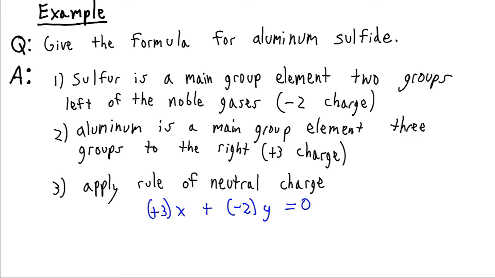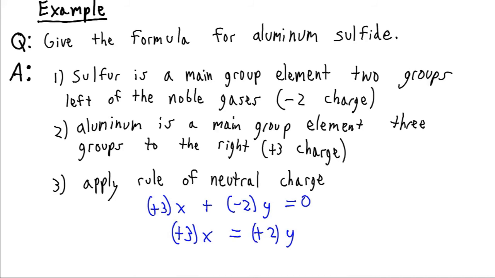All right, well, let's go ahead and move this over to the right side of the equation. So we have -2y. If we add 2y to both sides of our equation, that will get rid of it on the left side. So in that case, we get +3 times x is equal to +2 times y.